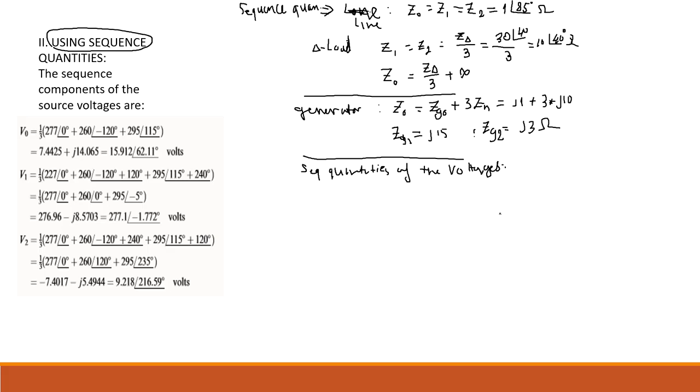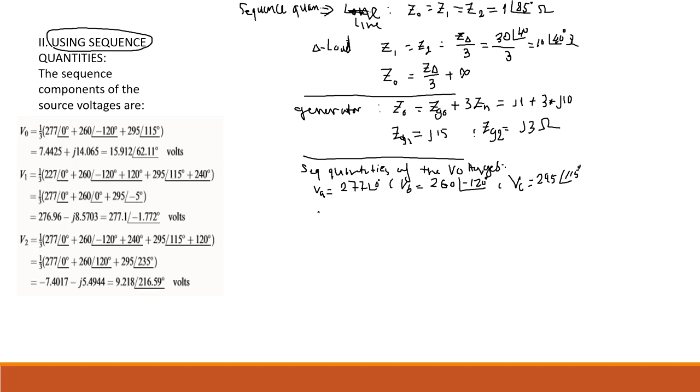We have VA equals 277, VB equals 260 with an angle of minus 120 degrees, and VC equals 295 volts.